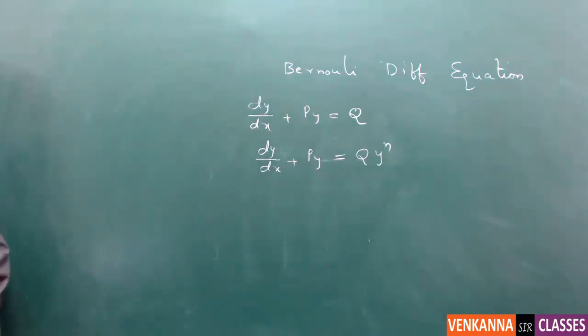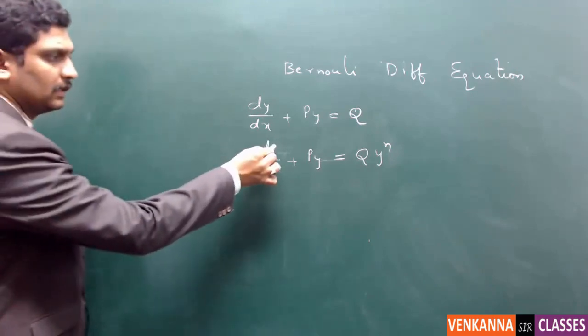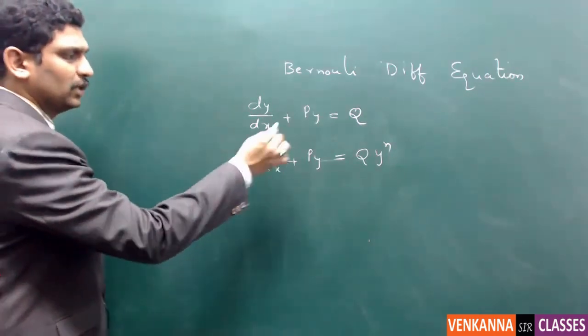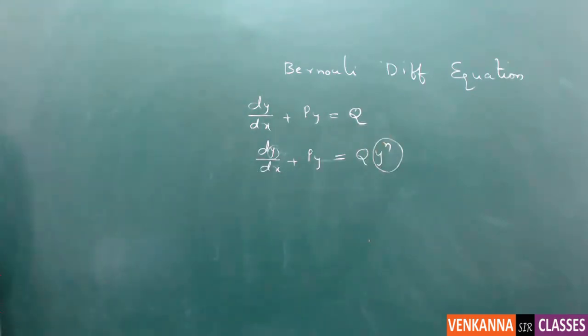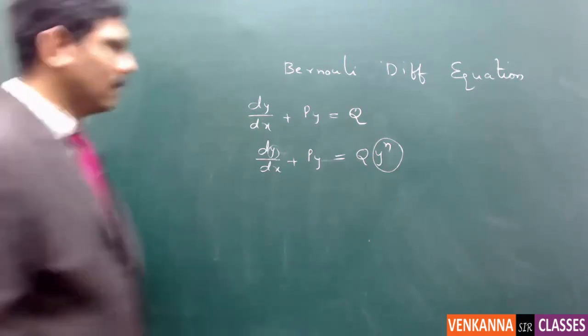Now where is the difference here? On the right hand side, the dependent variable will come in a power, like y power n. Here n is not equal to 0 and n is not equal to 1.